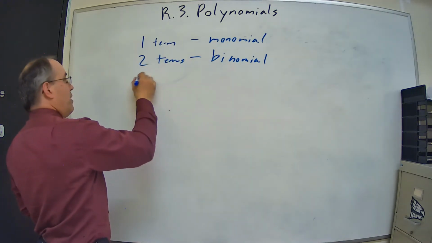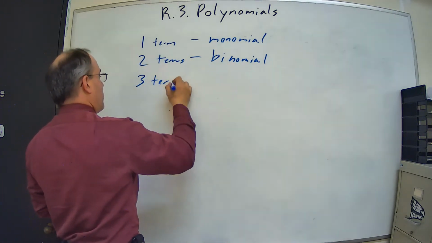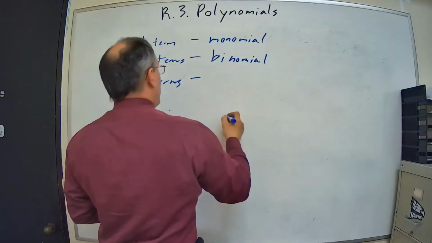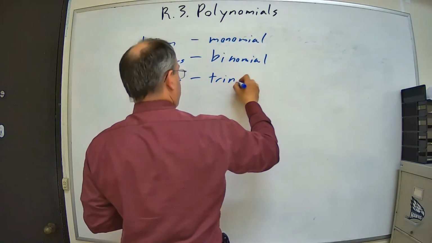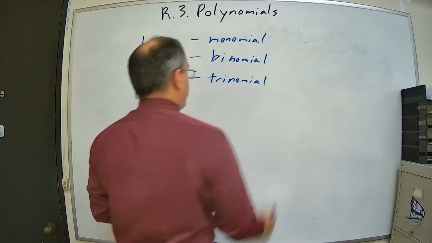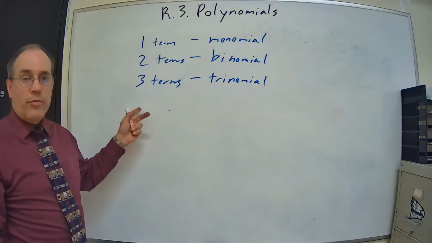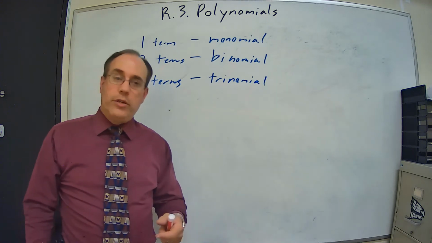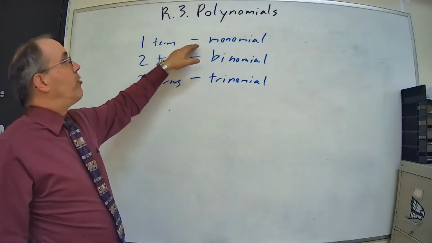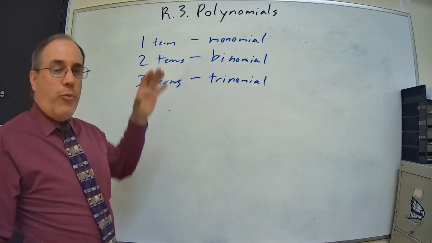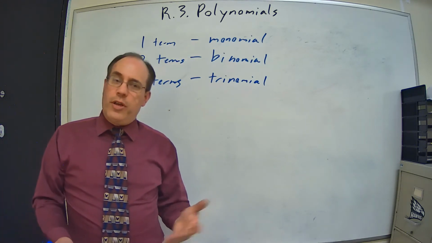If it has 3 terms, we call it a trinomial. If it has 4 terms, we call it a polynomial.